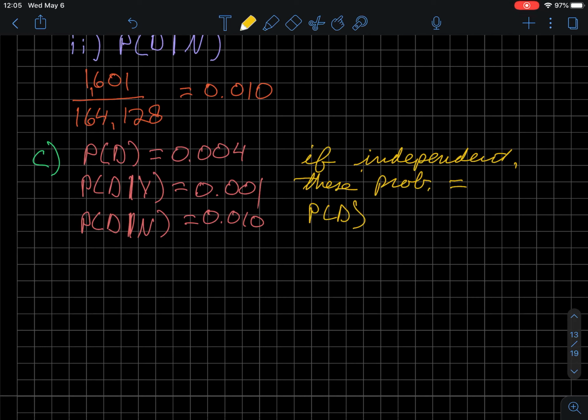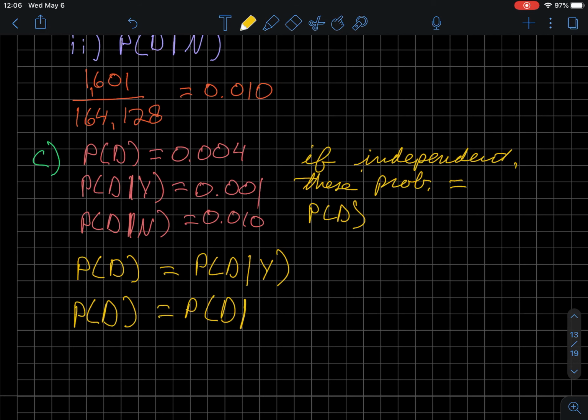So how do we find it? What it's asking is, is the probability of death equal to the probability of dying given that you were wearing a seatbelt? And is the probability of death equal to the probability of dying given that you were not wearing a seatbelt?